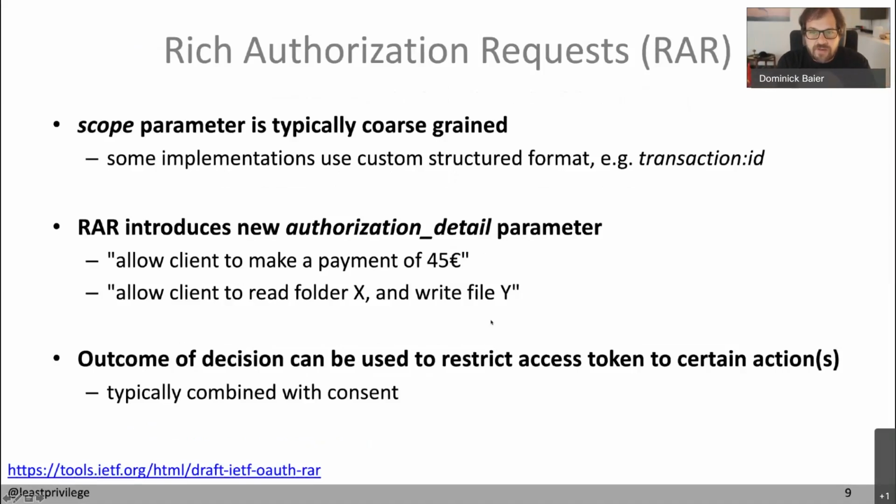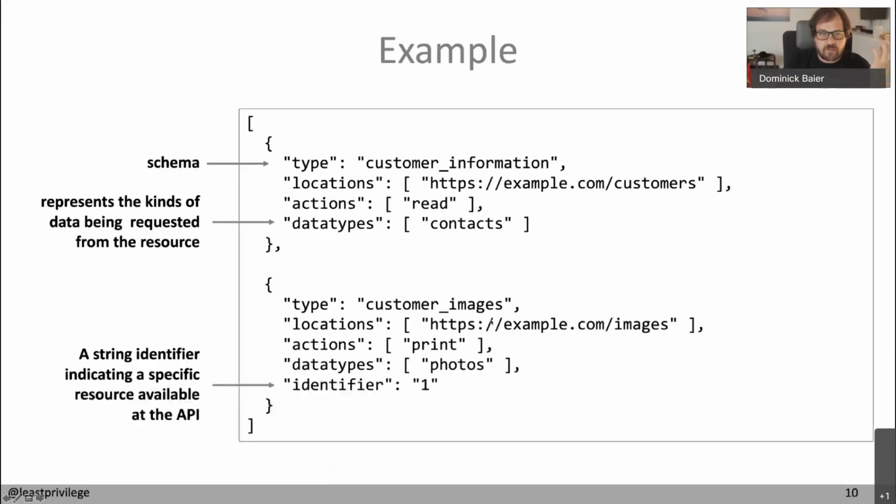Rich authorization requests introduce a new parameter called authorization_details, and that replaces the scope parameter, right? So maybe you want to say, allow the client to make a payment of 45 euros, or allow the client to read a folder and write a file, things like that. Instead of coming up with your own arbitrary complex structured scope string, rich authorization requests go further in that direction.